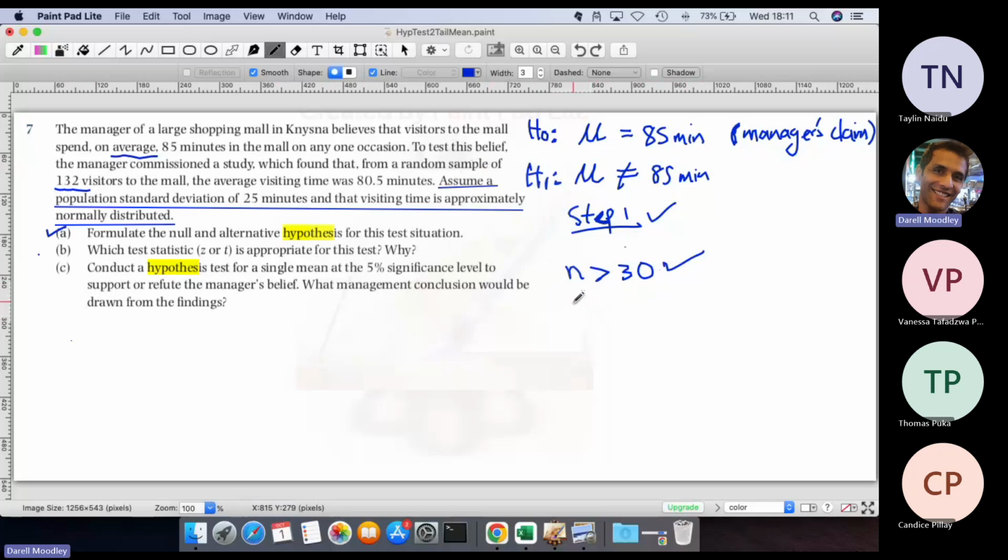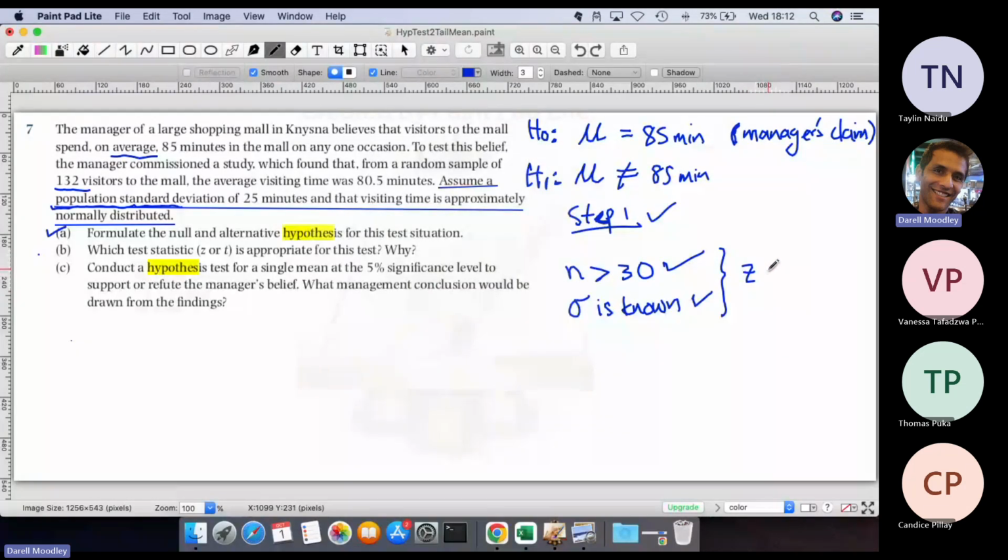The second criteria is your sigma, the population standard deviation. Is it known? If you read the text, the part I've underlined earlier becomes important. It tells you the population standard deviation is 25 minutes. So that means it is known. Now, if these two criteria are met, then you use a Z statistic.